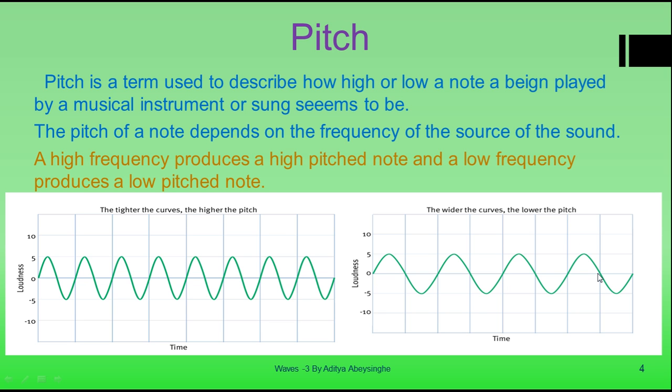Now if you take your normal speaking sound and the sound from a loudspeaker, the loudspeaker is heard over a large distance and its intensity is very high. That's because the frequency of the sound emitted by the loudspeaker is high.